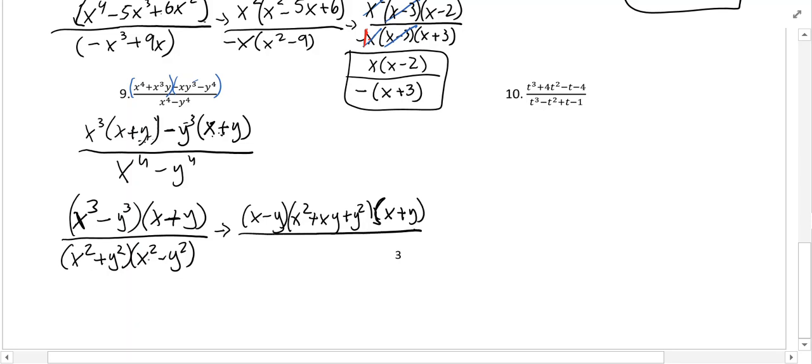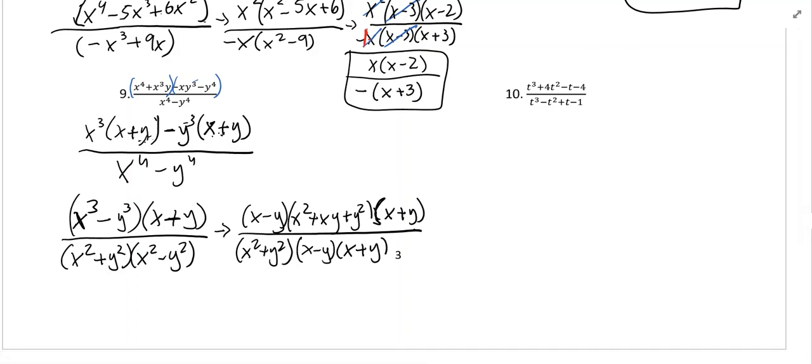All right, in the denominator, x squared plus y squared can't be factored, so I'm going to just bring that down. But x squared minus y squared can be factored. This is a difference of squares. So we get x minus y, x plus y. So now we see what can cancel. Well, this x plus y on top can cancel out with the x plus y on the bottom.